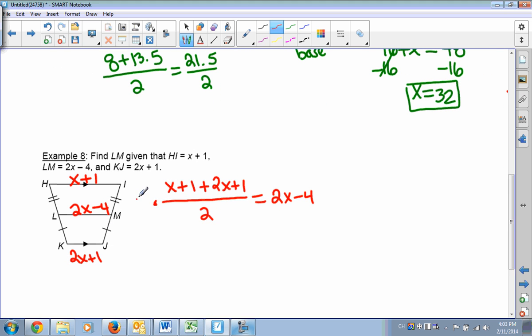So we're going to multiply 2 to both sides. But here's the deal. When you're multiplying by 2 to the right, you have to multiply it times everything. So what is that process called? Distributing or distribution. Very good. So what is 2 times 2x? 4x minus 8. Very good.